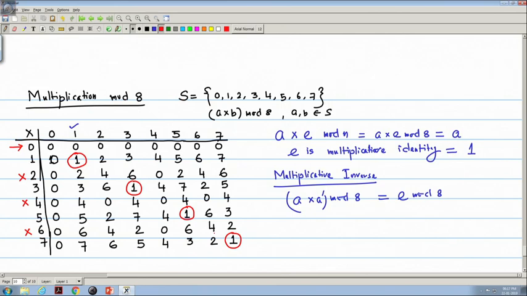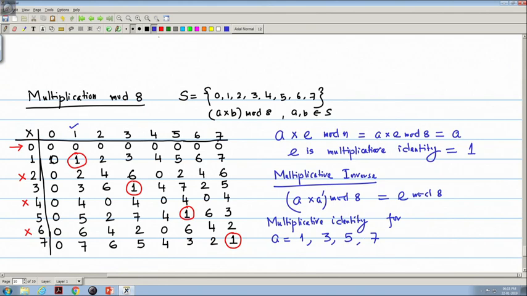So, if I summarize, we are getting multiplicative identity for A equal to 1, 3, 5 and 7.